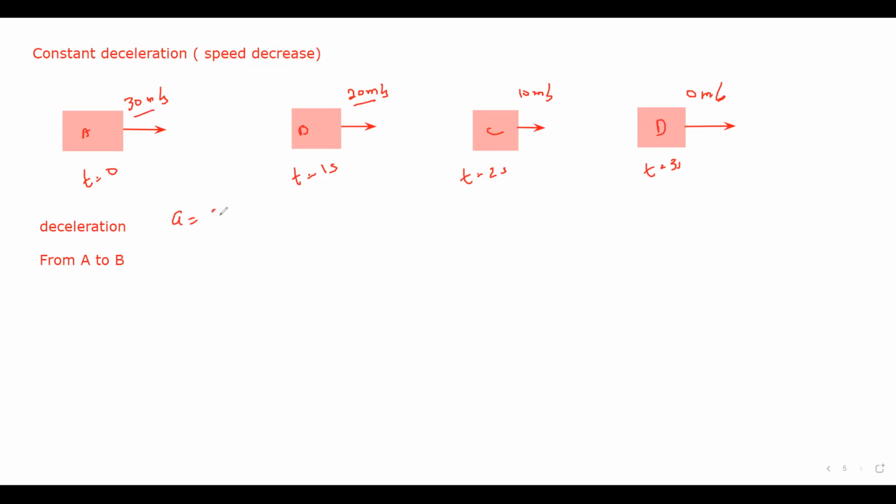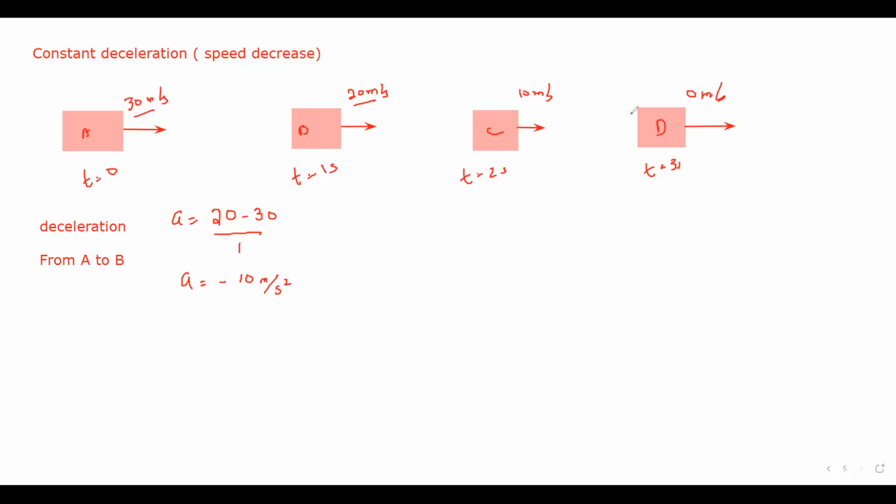So change is final minus initial, so final is 20 minus initial is 30. So 20 minus 30 divided by the time interval. From A to B the time interval is 1 second. So 20 minus 30 divided by 1. So deceleration will come out as minus 10 meters per second squared.